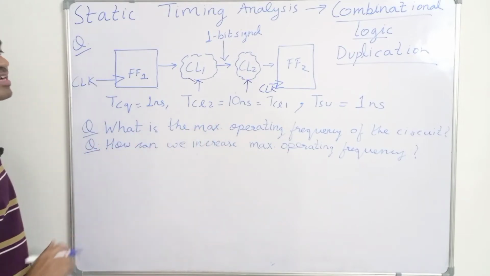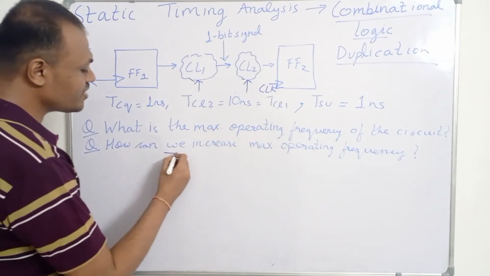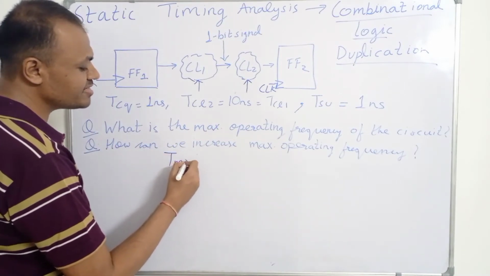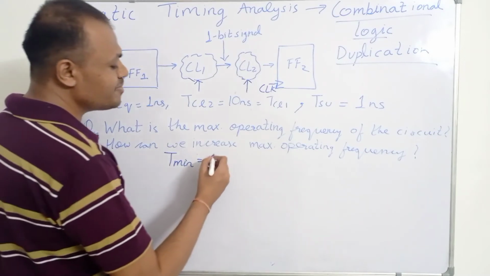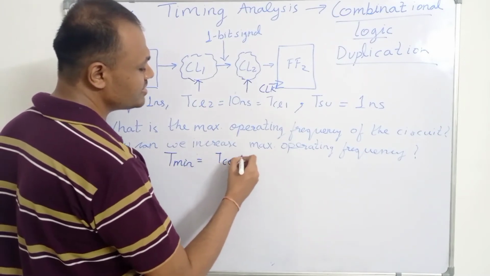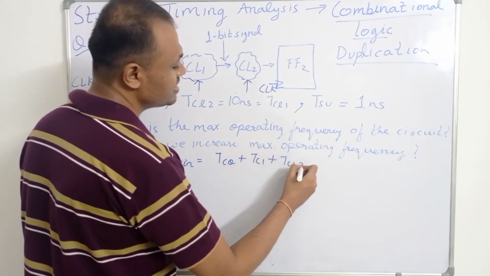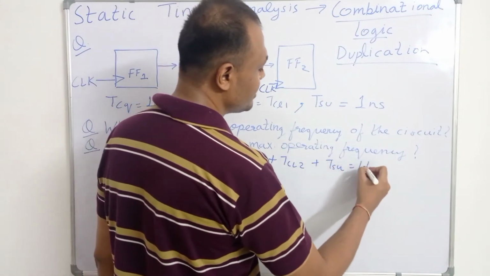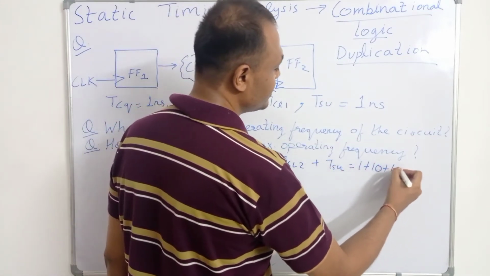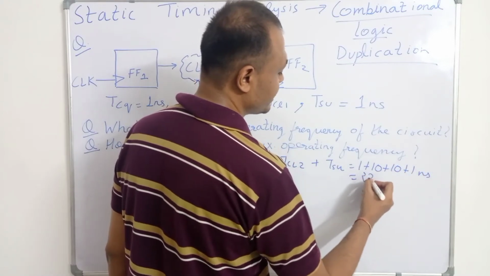So the first point is, what is the maximum operating frequency of this circuit? To calculate the maximum operating frequency, we have to calculate the minimum time period, which is equal to TCQ plus TCL1 plus TCL2 plus T setup time. So that is equal to 1 plus 10 plus 10 plus 1 in nanoseconds, which is 22 nanoseconds.